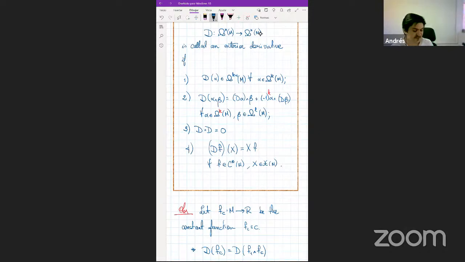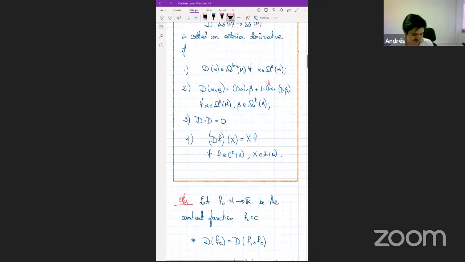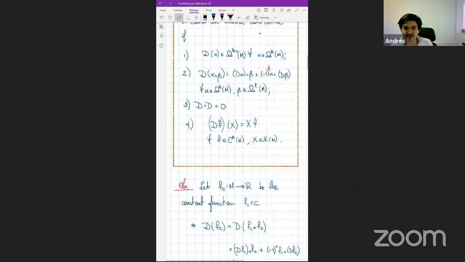Then, first of all, note that on functions, the wedge product is the same as the product of functions. So f_c is the same as f_1 times f_c. Using the product rule, I get this. The degree of a function is 0.